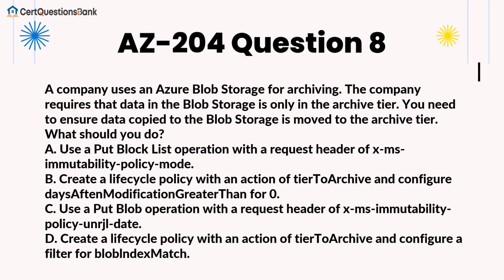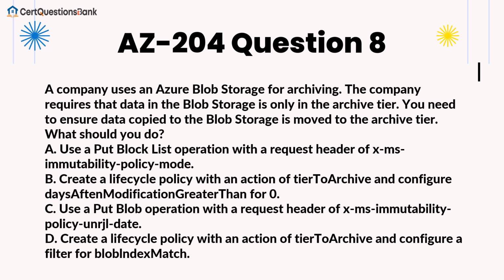A company uses an Azure Blob storage for archiving. The company requires that data in the Blob storage is only in the archive tier. You need to ensure data copied to the Blob storage is moved to the archive tier. What should you do? A. Use a put block list operation with a request header of x-ms-immutability-policy-mode.